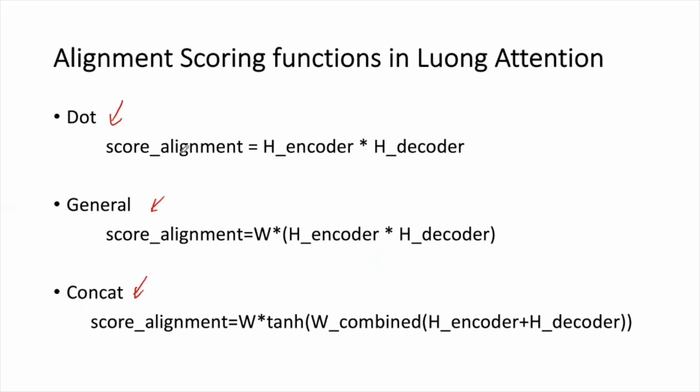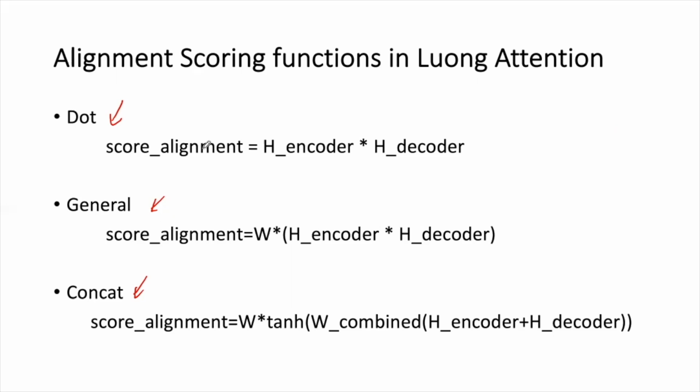Typically what this alignment function does is it calculates similarity between the encoder and the decoder. That's our goal, actually: we assign a score to each of the encoder vectors. The score represents how relevant the encoder vector is to the decoder vector. The relevance is indicated in one way by the similarity.